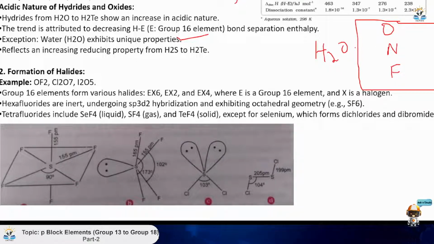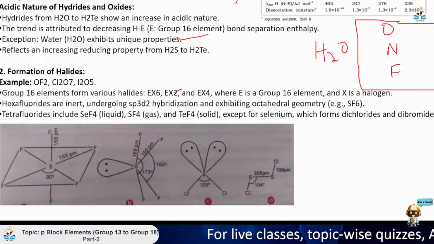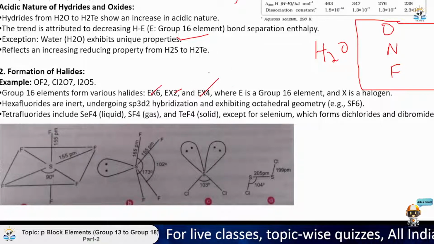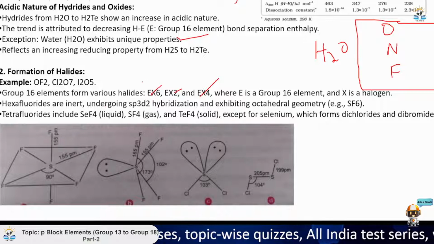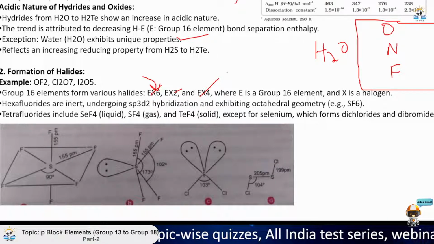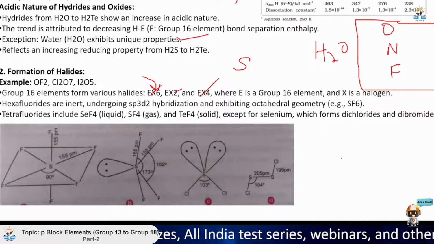Okay. Now, if we focus a bit on halides, right over here, I have just written that much. But actually, we have a lot of forms of halides that it can produce, right? And primarily, it's like EX6, EX2, and EX4. Now, I know that it's a bit tough to imagine all that. So, we are going to consider E for the sake of this example to be sulfur, and X, let's just say, is fluorine.